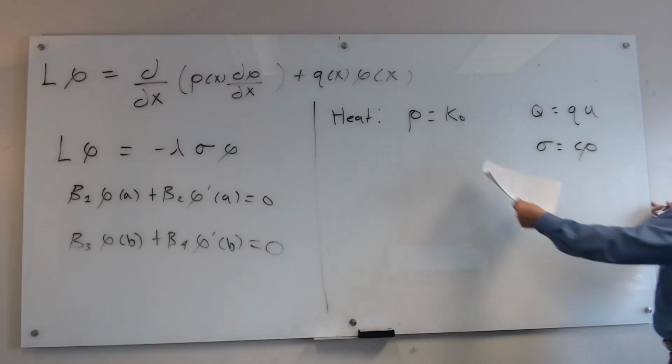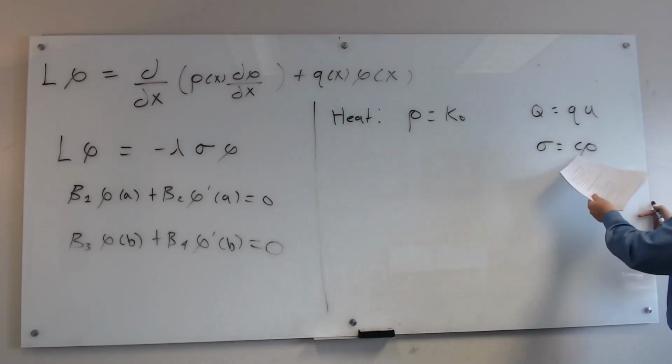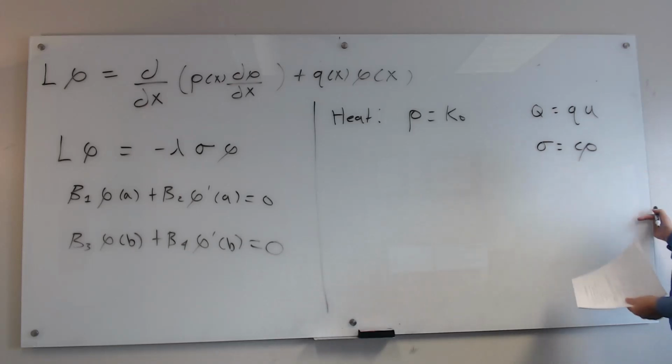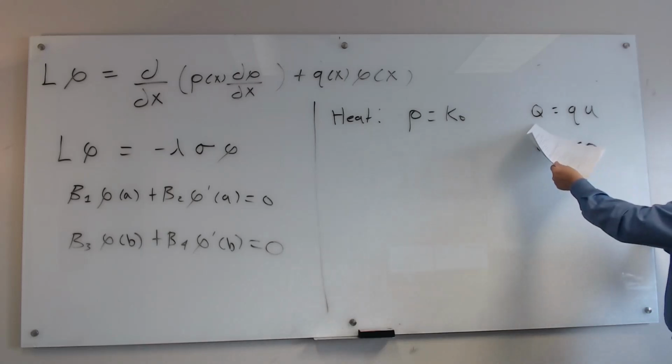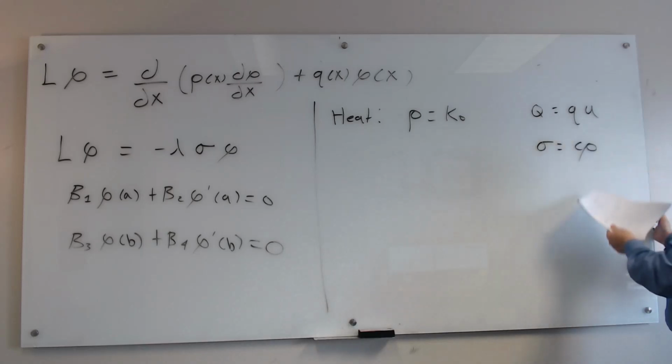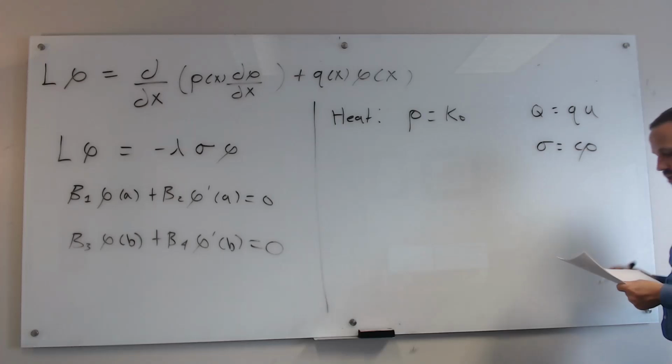So here, remember K naught is positive. Here, both the specific heat and the density are positive, so therefore sigma is positive. But here, this little q could be positive or negative, so therefore Q can be positive or negative as well.